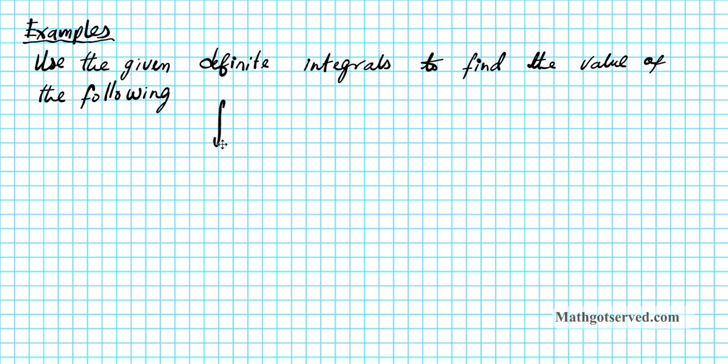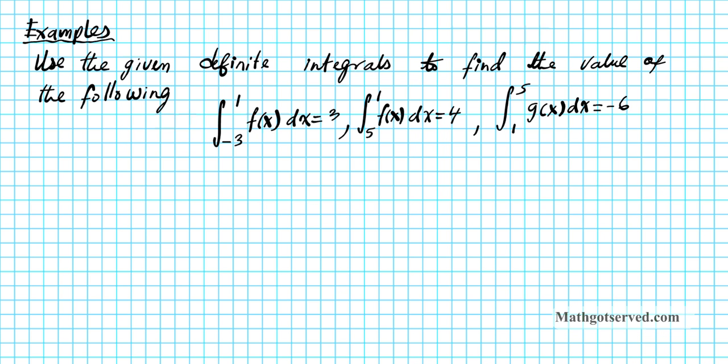We're given the fact that the definite integral from -3 to 1 of f of x dx equals 3. The definite integral from 5 to 1 of f of x dx equals 4. And the definite integral from 1 to 5 of g of x dx equals -6. Okay? All right, let's take a look at part A.